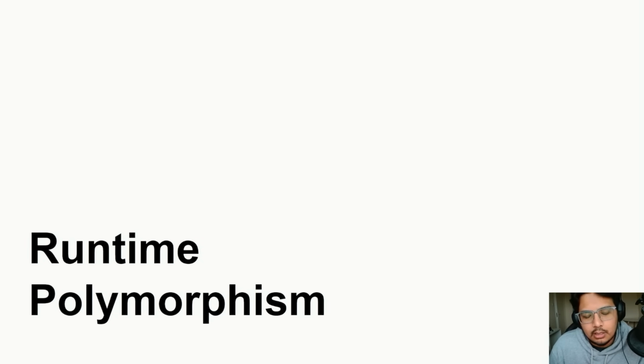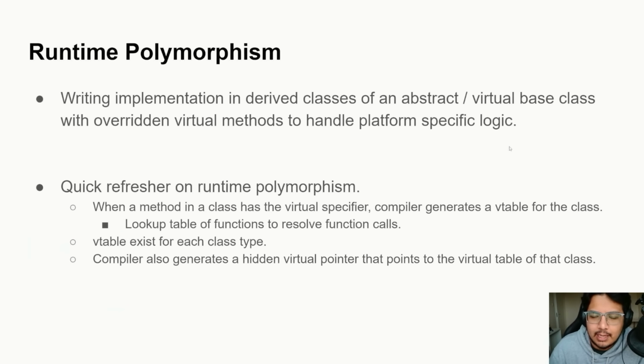Now, with runtime polymorphism, things do become better. The way it works is that you would have an abstract base class. Ideally, it should be abstract because you don't really want to instantiate an object of the base class. It has no meaning because it is not aware of the platform that it's on.